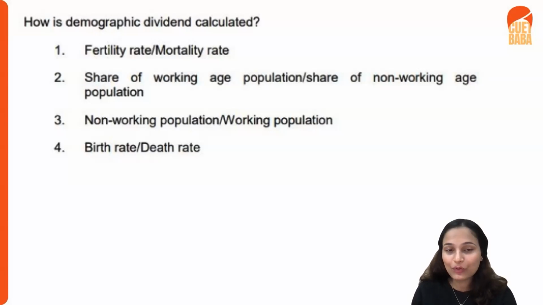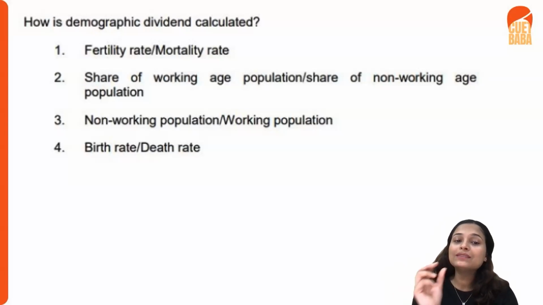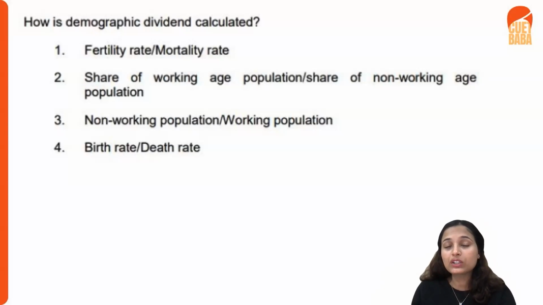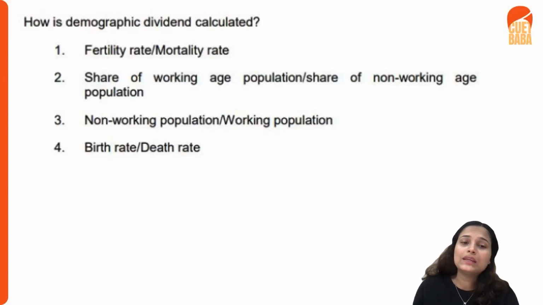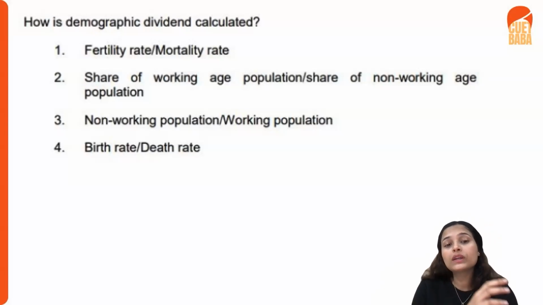So what is basically a demographic dividend? This demographic dividend was defined by the United Nations Population Fund. Basically it is the economic growth potential that can result from a shift in the population age structure, mainly when the share of the working age population is larger than the non-working population.